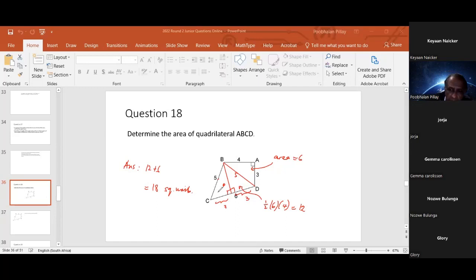I could have found the area of each of the right angle triangles. As we saw there, this part here is 6, and this is 6, and they add up to 12. You could have done it like that. The area of a 3, 4, 5 triangle is 6. Okay, but if you wanted to use the formula, you're quite welcome to do so.